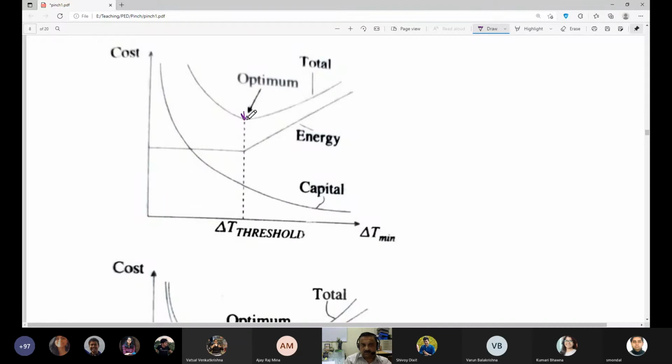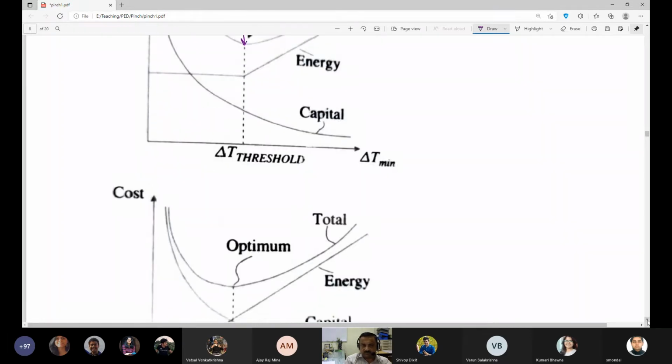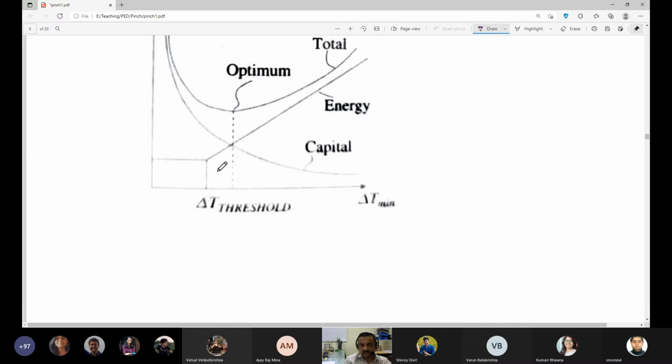We don't have much scope of searching for an optimum below this, because it is not possible. On the other hand, if your system is such that your optimum comes on the right side of delta T threshold, we can proceed with that. There is no problem.